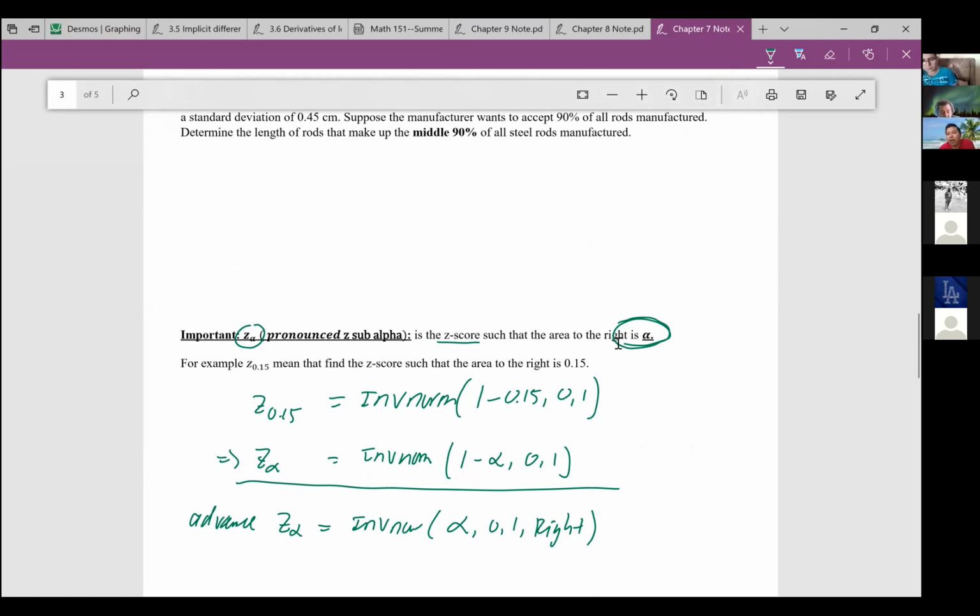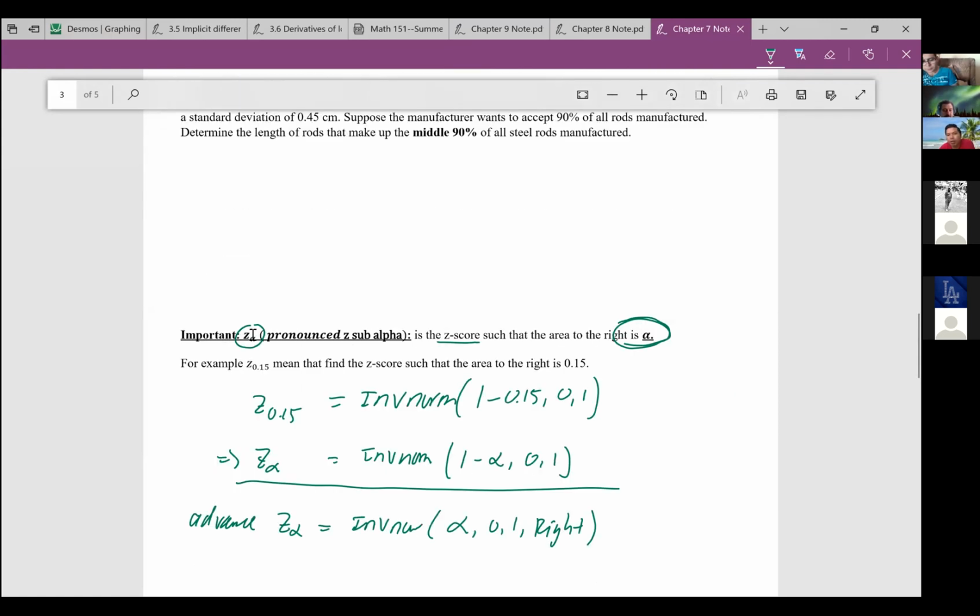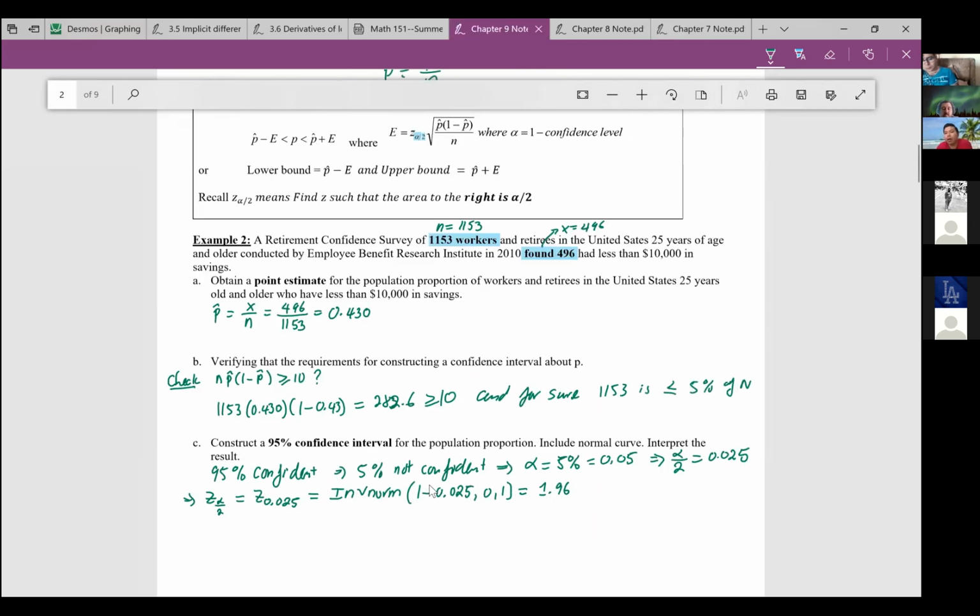Remember, percentile focuses on the area to the left. We told you Z alpha yesterday, so Z alpha focuses on the area to the right of alpha. That's the reason why we have to choose the right option for the calculators.